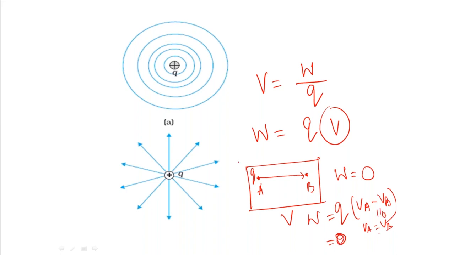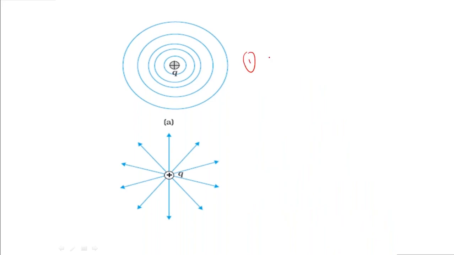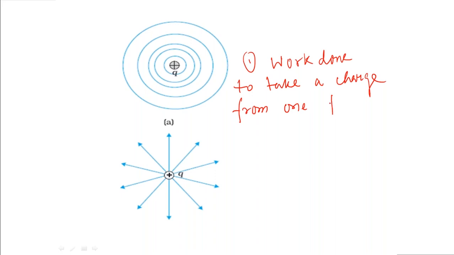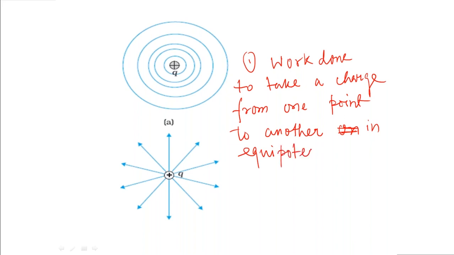So one property we have got: the work done to take a charge, any charge, positive or negative, from one point to another on an equipotential surface will be 0.